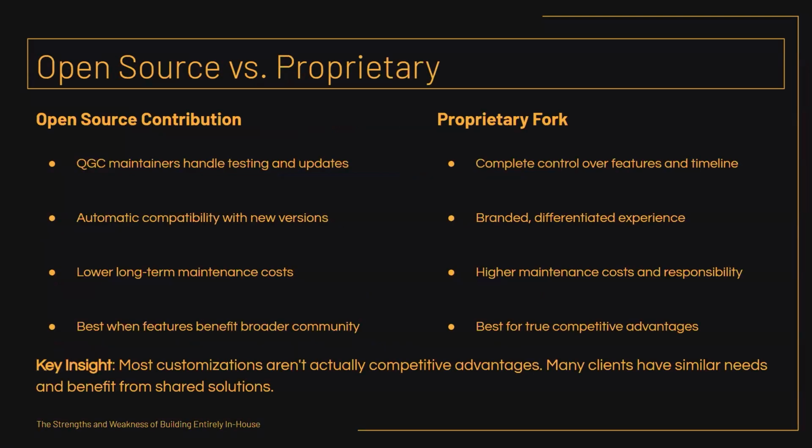And then that goes into this, which is: would it be better for you to just contribute to open source versus creating your own proprietary fork? There's a cost to creating your own proprietary fork, and that cost is that you're going to have to maintain your own software.